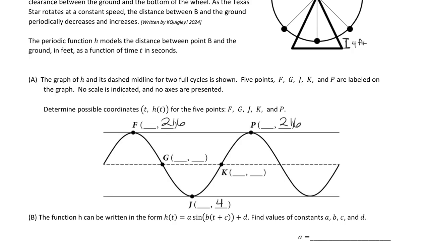Correct. You have the diameter, the 212 diameter, plus the 4-foot clearance. So 212 plus the 4. So would the middle one be 106? That's a great question. What would the middle be? 110. It would be 110. Why would it be 110? Let's talk about it. It's because we have the 106 as the amplitude, but then we still have our 4-foot clearance, so we still got to go up 4 more feet.